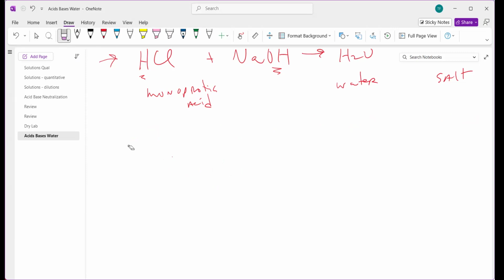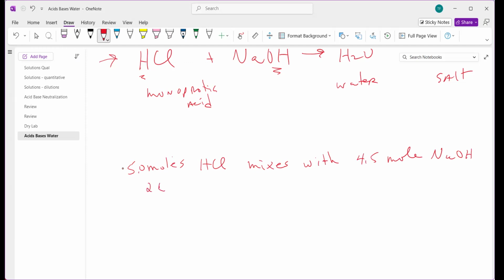Let's look at 5 moles of HCl in 2 liters.